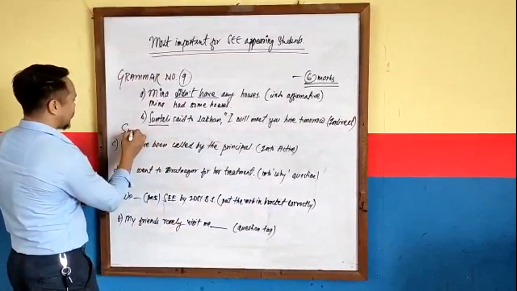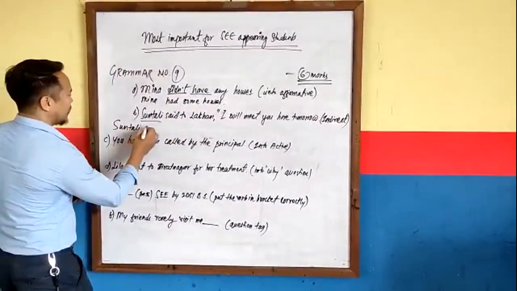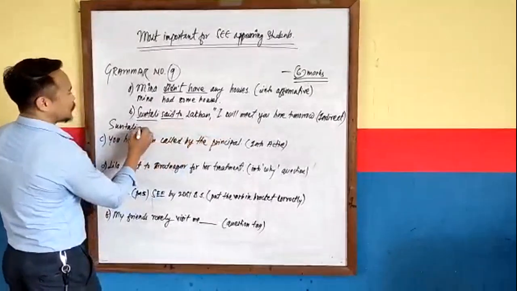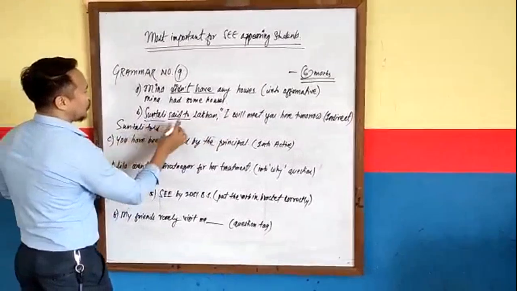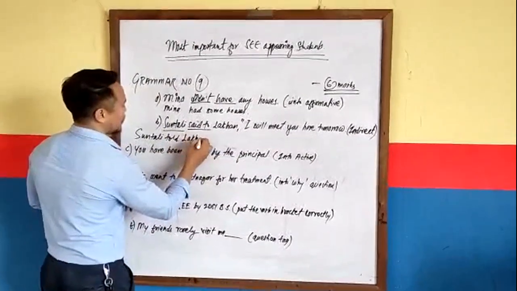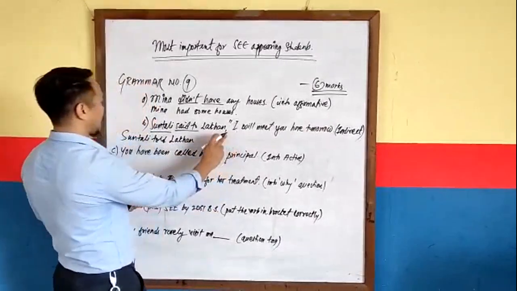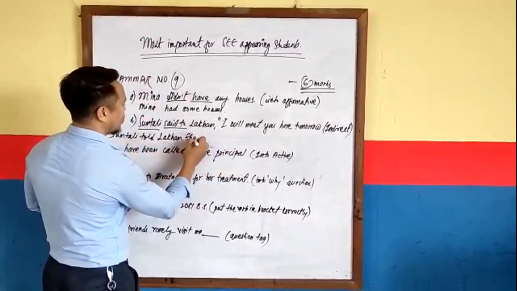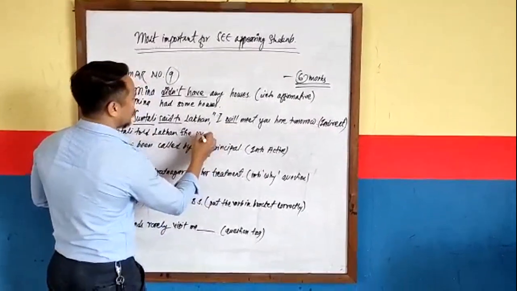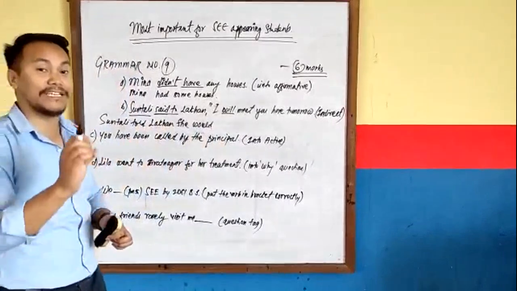Suntali, we write Suntali here. Said to changes into told. We all know this from the beginning. Suntali told Lakhan. We write Lakhan here. Suntali told Lakhan, I is Suntali. So you should say she. Will changes into would, because said is the reporting verb which is in past.